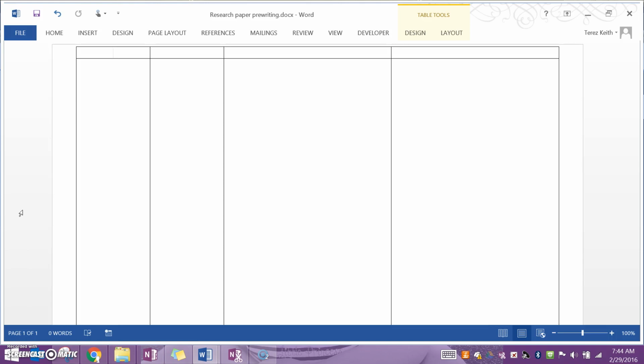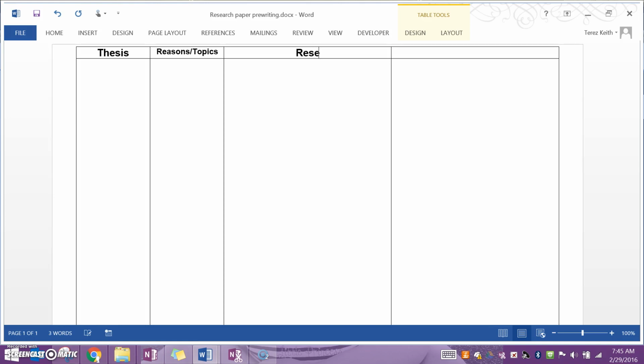So fold your paper. You're going to have these two boxes smaller than these two boxes. I recommend folding in threes and then folding this part in half. This first box is going to be labeled thesis. Second box, reasons or topics.